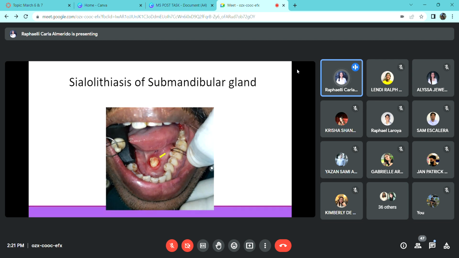Most likely the Wharton's duct is affected. So those are the major and minor salivary glands found in your oral cavity or in the facial region.